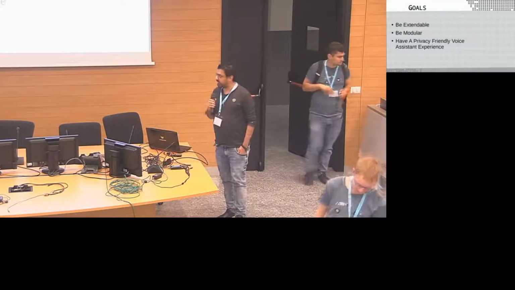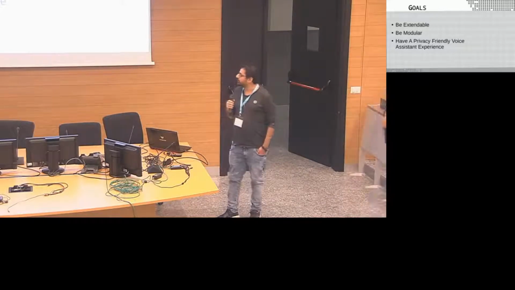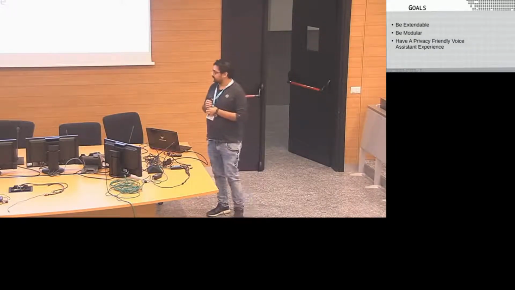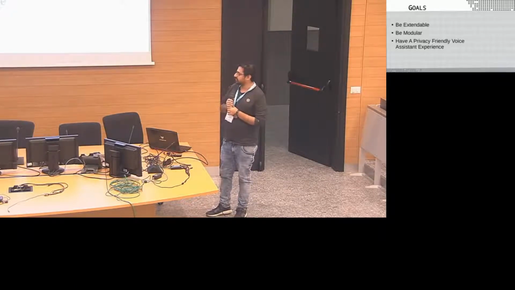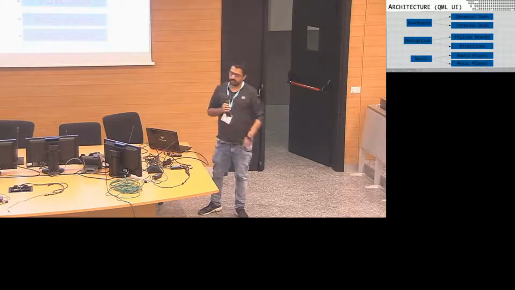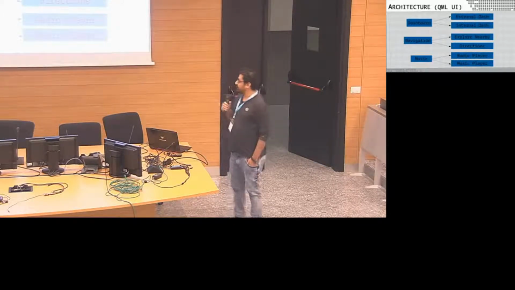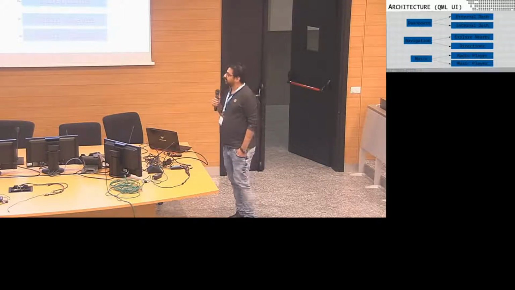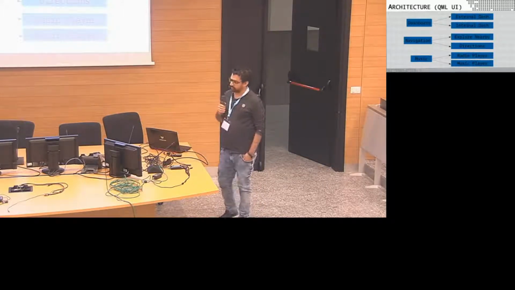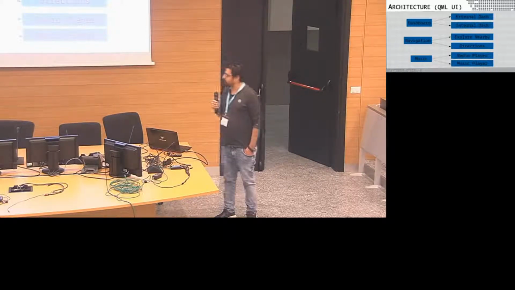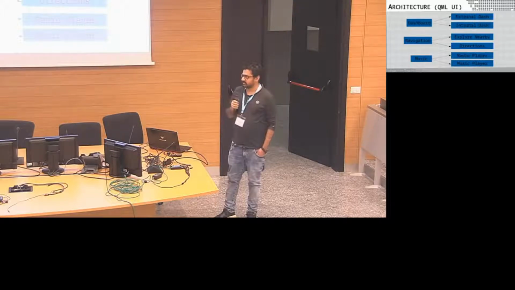The goal of this project is to be extendable, to be modular, and to have a privacy-friendly voice assistant experience. Let me explain the architecture of this project. What you see on the screen is that it's modular in the sense that the QML user interface for the dashboard is based off separate modules: a dashboard module, a navigation module, and a music module.